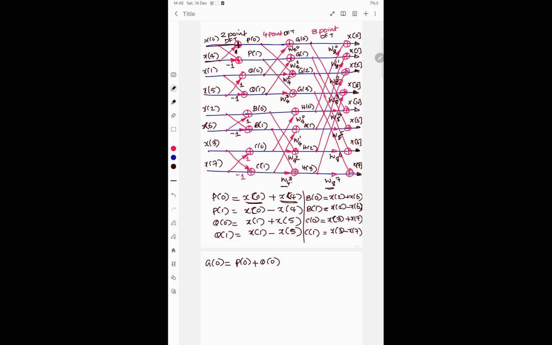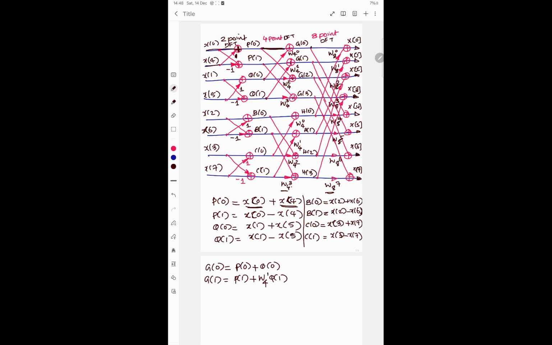G0 at this particular node is obtained by adding P0 and Q0, with a factor W0. P0 is direct, but Q0 is multiplied by W4 to the power 0. Since W4 power 0 is 1, we simply add P0 and Q0 to get G0.